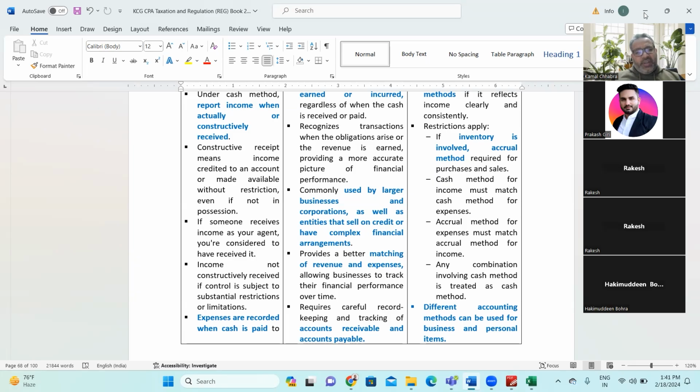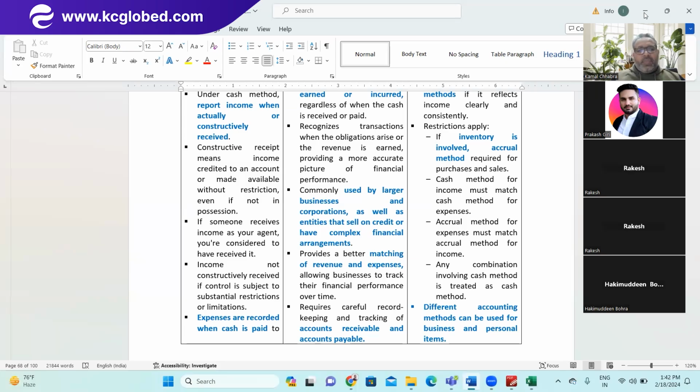If someone received the income as your agent, you are considered to have received it; that is called constructively received. Income is not constructively received if the control is subject to substantial restriction or limitation. So if you have, like, an escrow account, do you know what an escrow account is, by any chance?